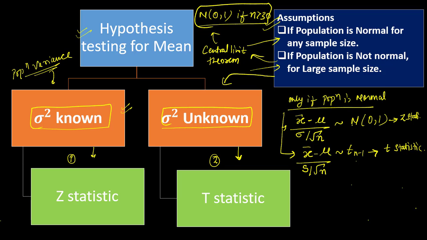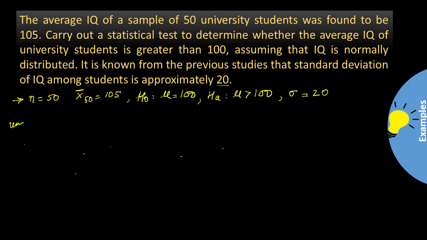So in this case we are going to use the z statistic. Under H naught, x bar minus mu divided by sigma divided by root n follows the standard normal distribution curve.